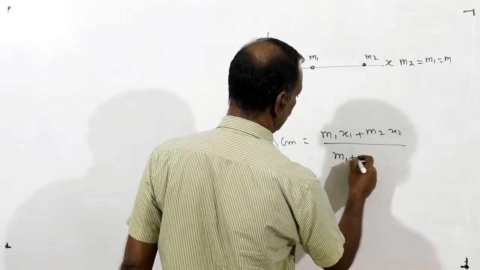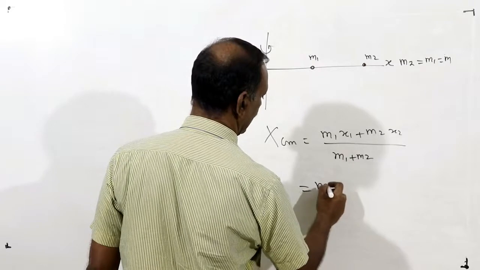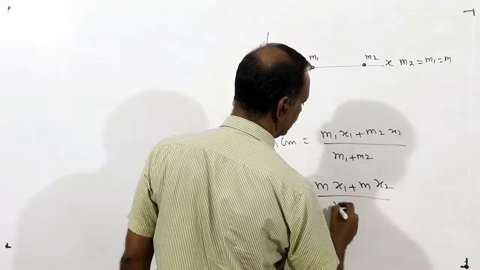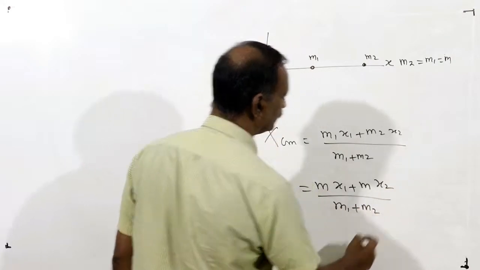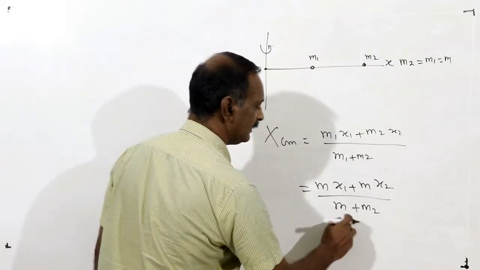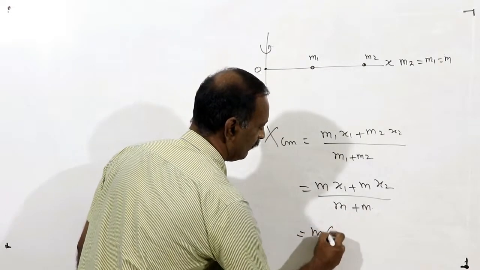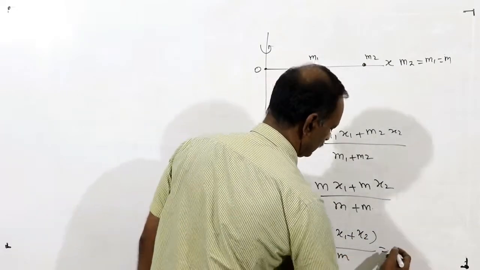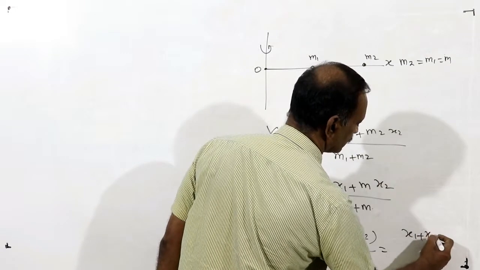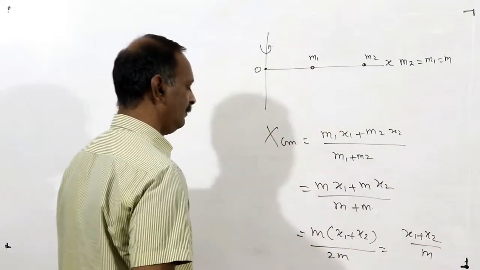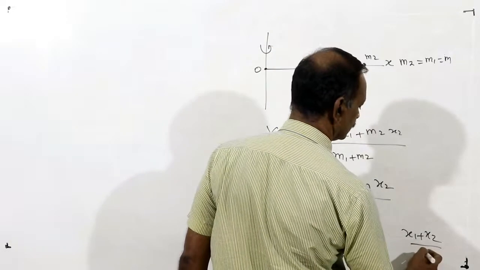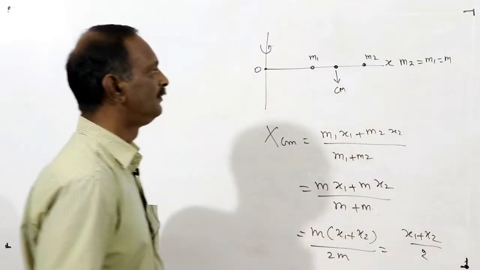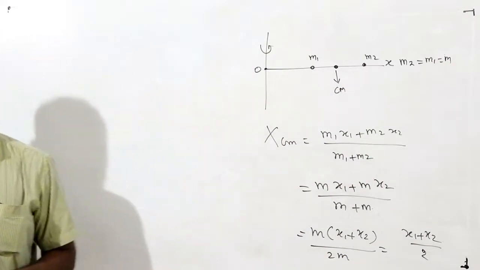Or we can write M x1 plus M x2 divided by M plus M. Taking M out, x1 plus x2 divided by 2, that is (x1 plus x2) by 2. It means the center of mass is located in the middle if both discrete masses have the same mass.